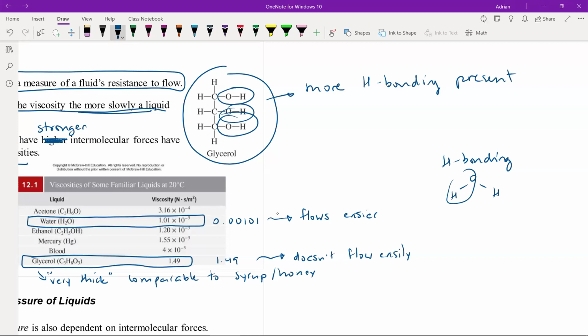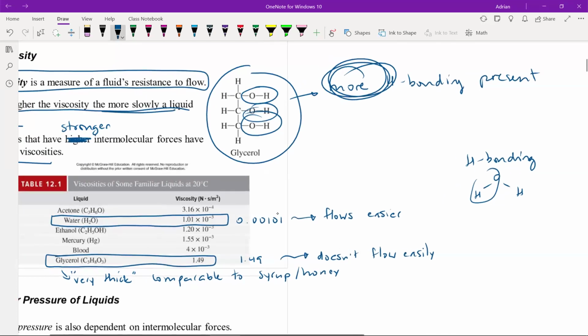Both water and glycerol contain hydrogen bonding, but there's more of it present between the molecules of glycerol. As a result, the particles are attracted to each other a lot more strongly. They're going to stick together more, and as a result, it doesn't flow as easily as in the case of water.